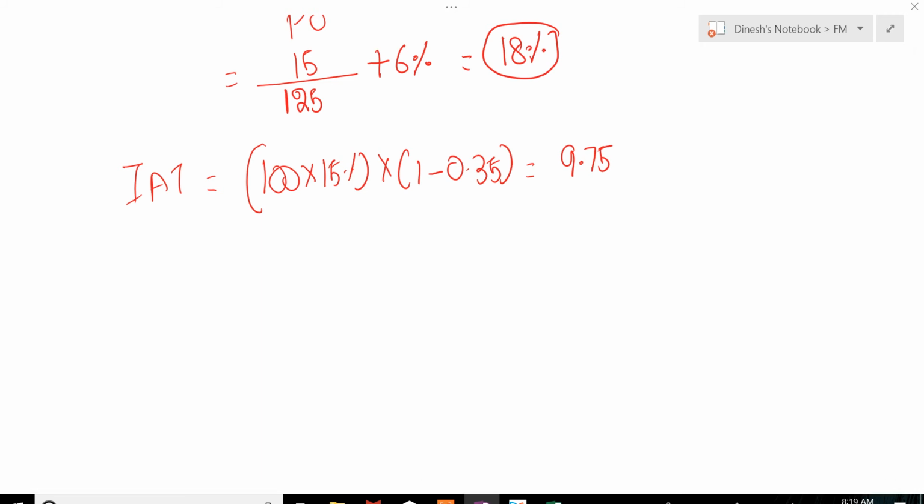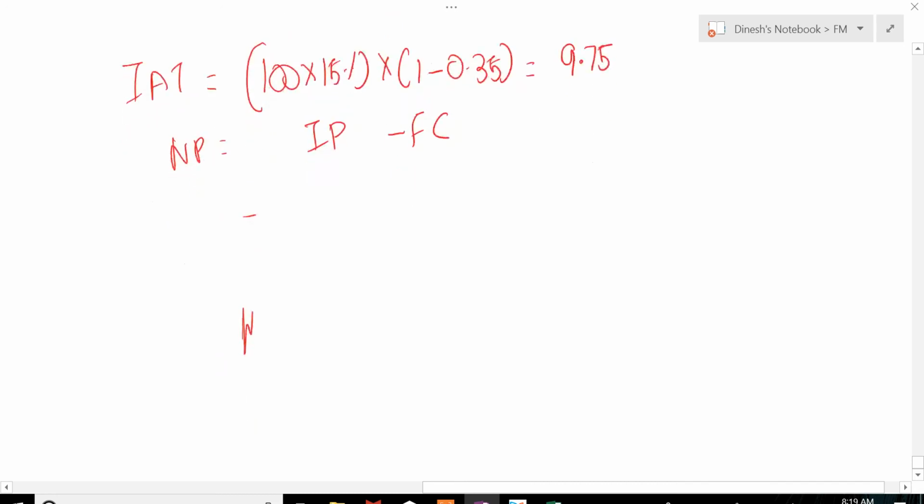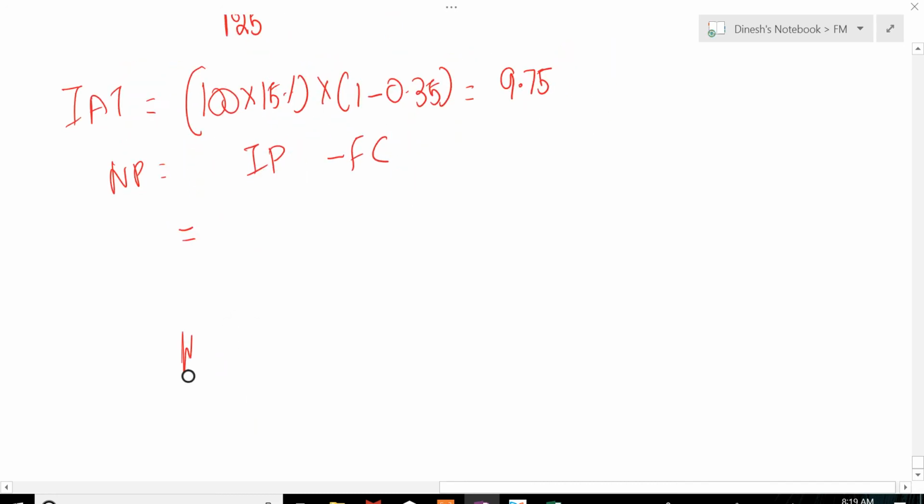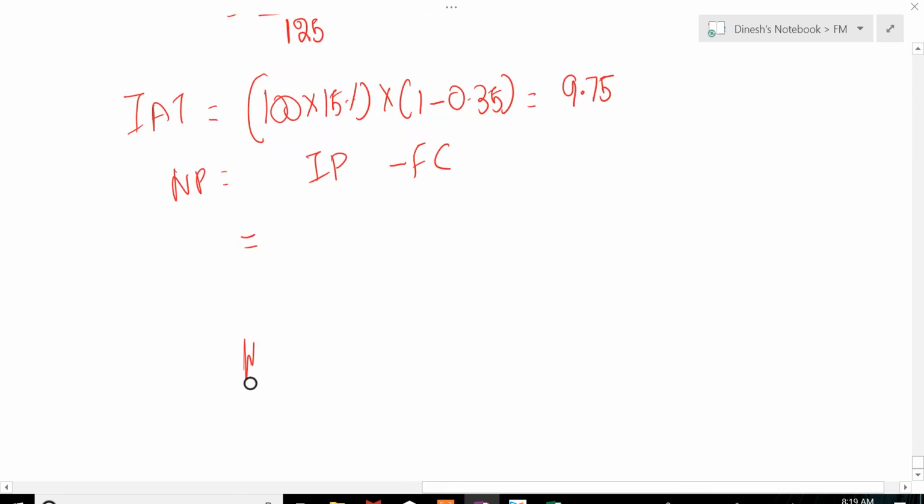Now write net proceeds equal to issue price minus flotation cost. Today in the beginning I was giving a formula for fair market price of a debenture or issue price of a debenture. What was the formula?